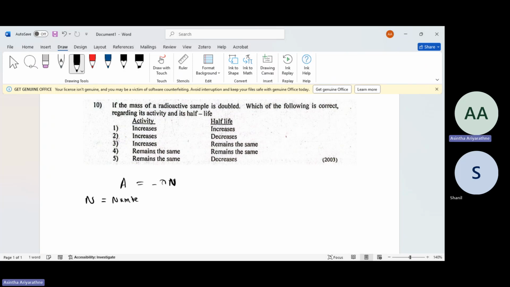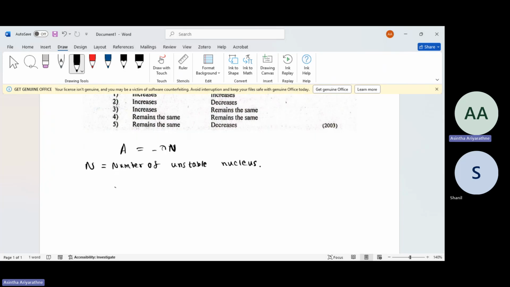unstable nucleus. Number of unstable nucleus. So let's say we have a sample of mass M, and let's say we have 5 unstable nuclei.